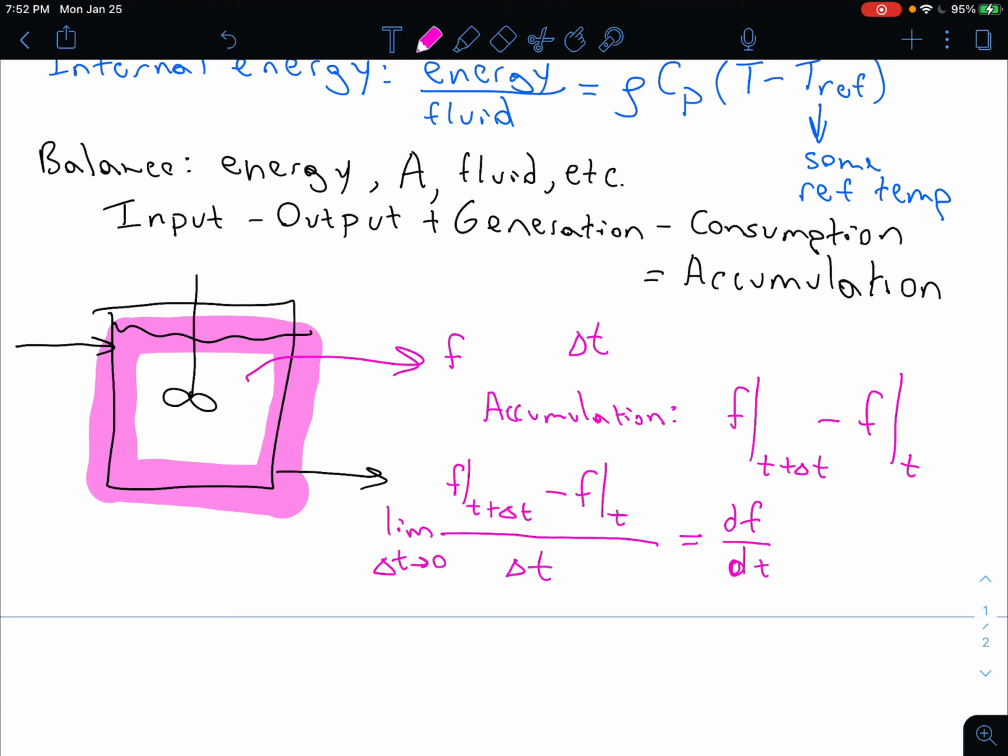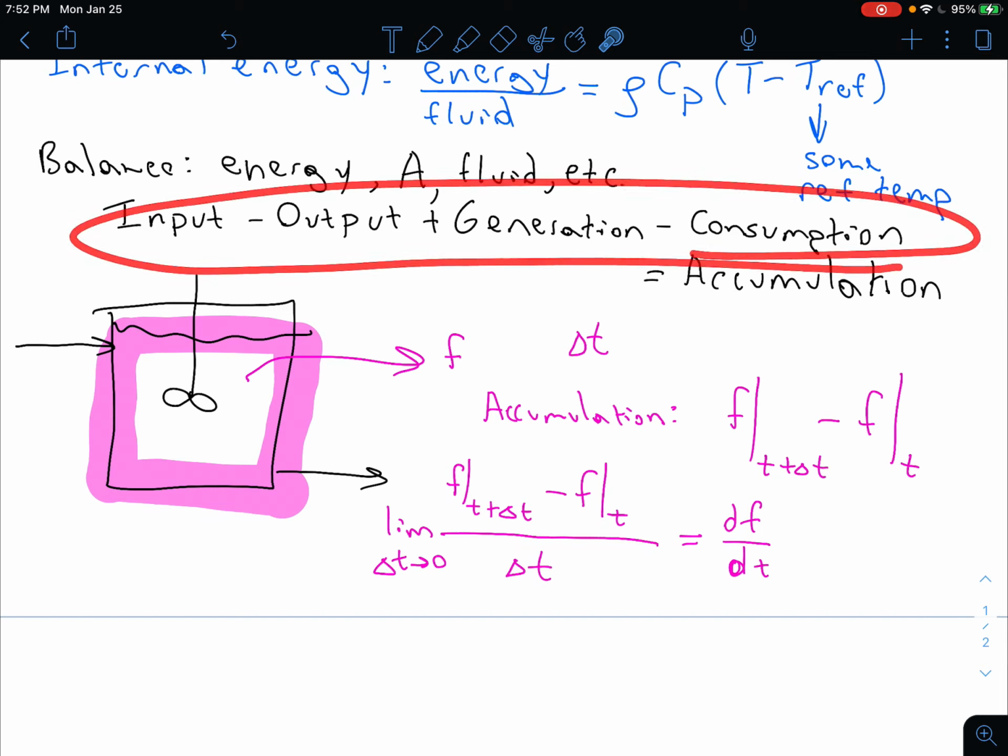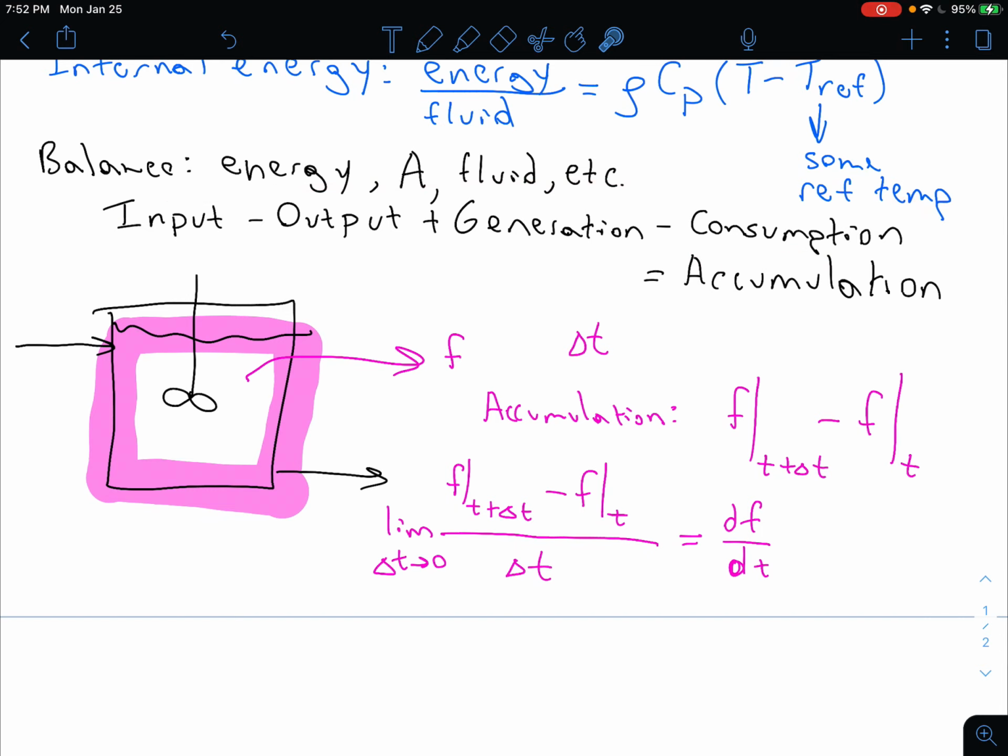So in order to get the whole equation, we're going to need dF/dt equals something, right? And that something is going to depend on how much goes in, how much comes out, how much is generated, how much is consumed during this time step delta t.